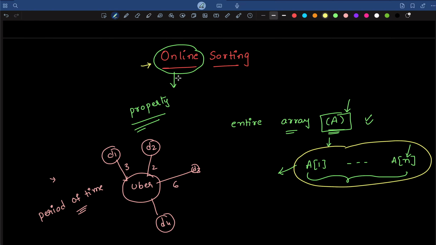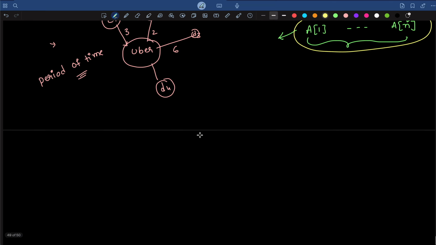The word online here means the data is arriving in real time. Let me write it down here. The data is arriving in real time, and the algorithm processes it as it comes.